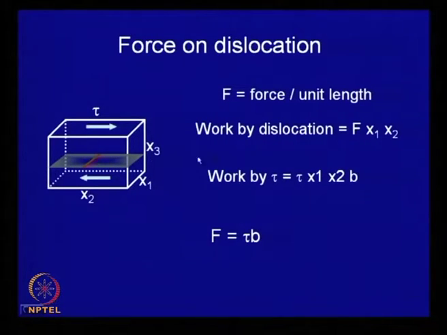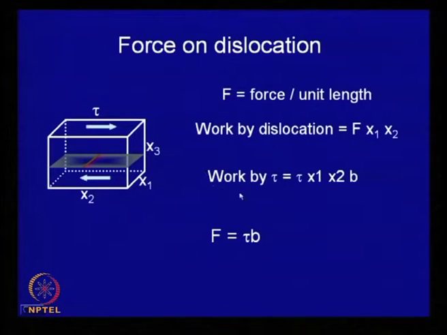The force on the dislocation is F times x 1, and the displacement it undergoes when it moves through the slip plane is from here to here, which is equal to x 2. So, this is the work done by the dislocation.